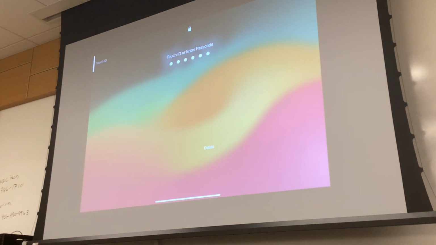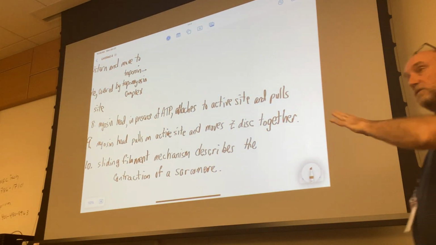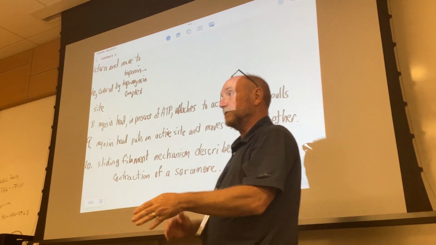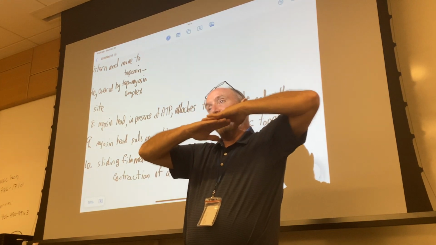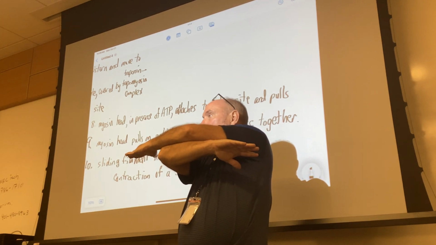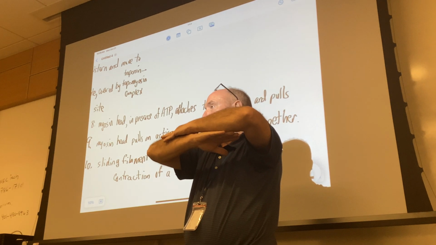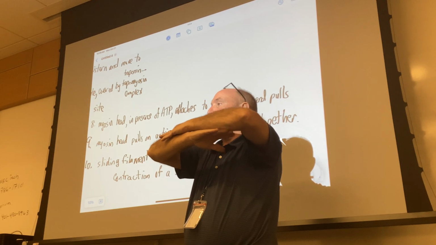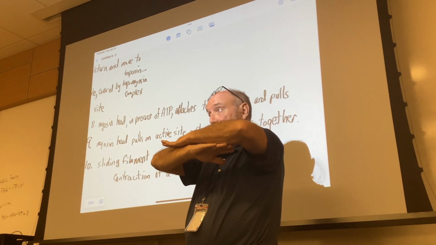If you go back to the drawing of a sarcomere, right down the midline there's an M line. If this is the M line, this is the actin. The actin doesn't go over the M line, because then it would run into the other actin molecule. The actin goes up to, but not crossing, the M line. So that's the definition of a complete sarcomere contraction.